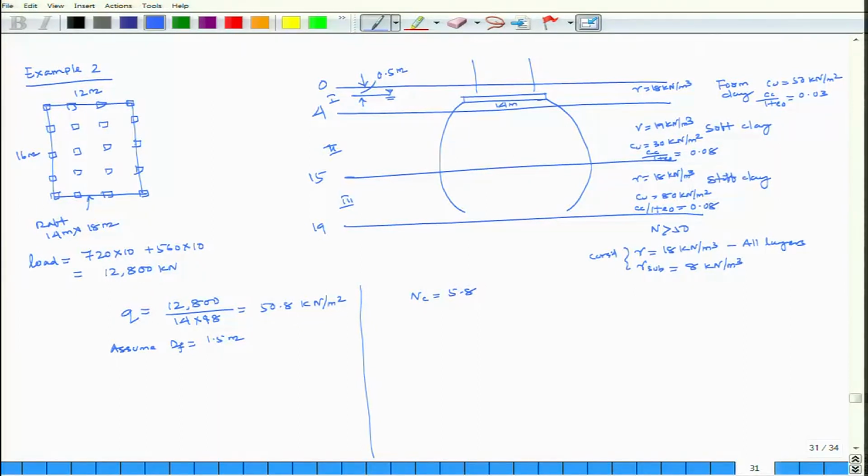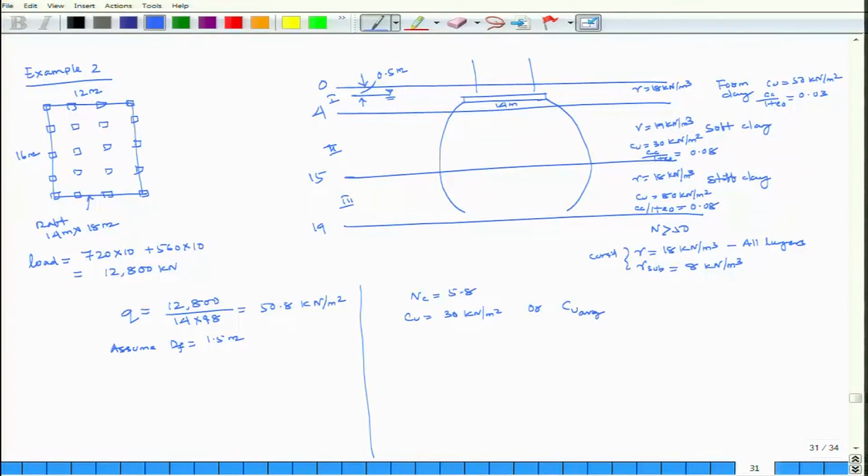Major portion of the pressure bulb lies in zone 1 and zone 2, and if I compare zone 1 and zone 2, major portion lies in zone 2. So, that means Nc is equal to 5.6. So, in case of zone 2, either you take Cu is equal to 30 kilonewton per meter square, or you can take Cu average considering 1, 2 as well as 3. As a design engineer, I look at the major portion of where it is lying, it lies in zone 2.